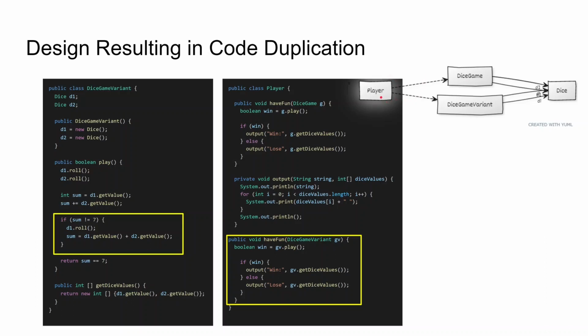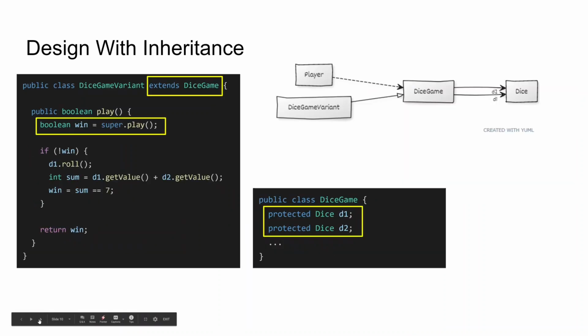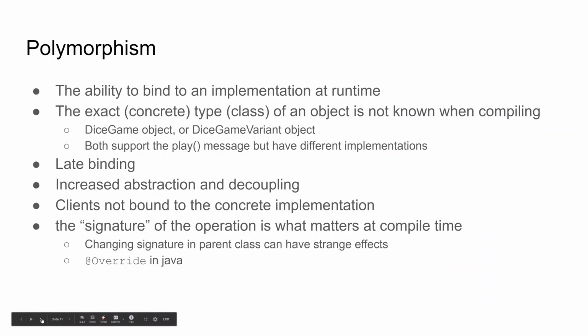Reusing the player class indicates that we need to reuse both the dice game and the dice game variant. In this design using inheritance, we only need to reuse the dice game. We don't need to reuse the dice game variant. So we have decoupled the player class from the dice game variant, and this has also reduced code duplication.